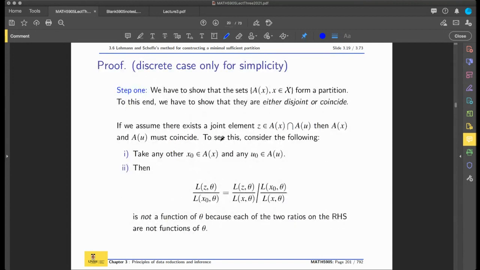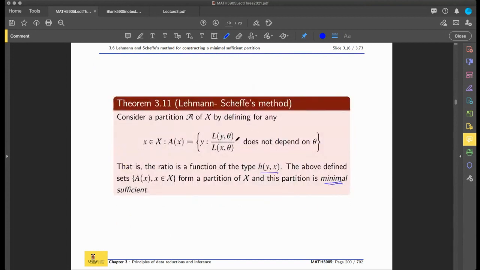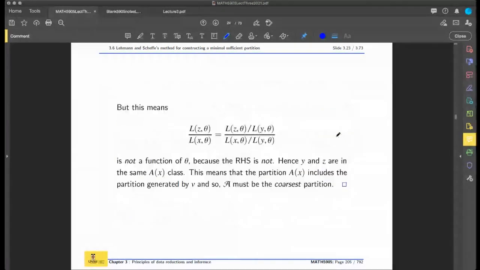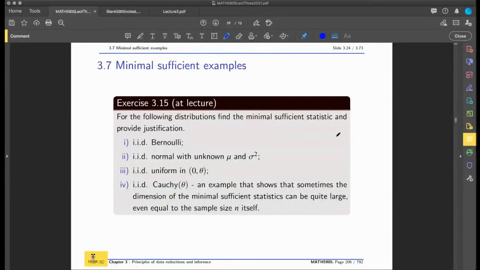But there's three things to do essentially. Firstly, you have to show that the sets A_x defined in this way actually define a partition. Then you have to show that they define a sufficient partition. And then third, you have to show that they define a minimal sufficient partition. Okay, so there's three things you have to do there, and they're all outlined in these 4 to 5 pages. But as I said, I'm going to skip over it for the sake of this course.